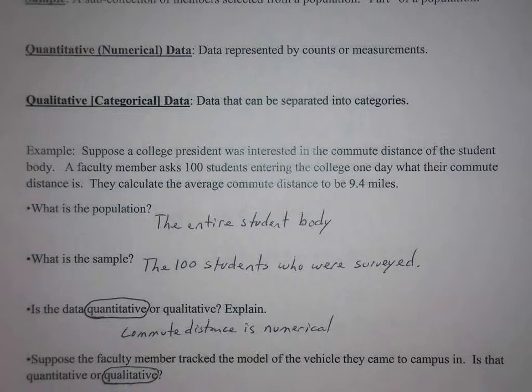So when you look at a situation, you really need to decide what the population is and define it precisely. A faculty member may have 100 students themselves in all their classes, so then that might be the population. A sample of those students may be just one class out of the 5 classes that they teach, or maybe taking a random sample of 30 students out of the 100 that they teach.